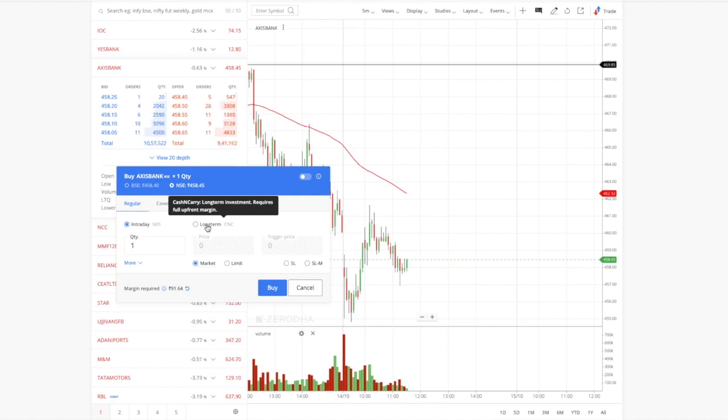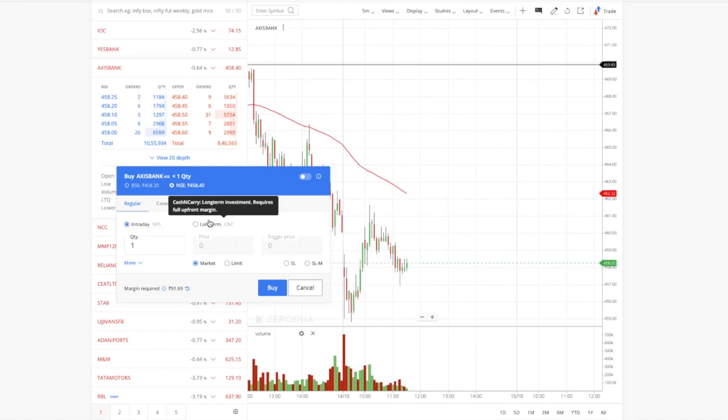Just realize that when you are purchasing for intraday, comparatively the charges are going to be lesser than the stamp duty, etc., that you pay when it comes to long term. Intraday means you buy and sell within the same day. You are just trading. Long term means you are investing in it, or maybe you're taking a swing or a positional trade.